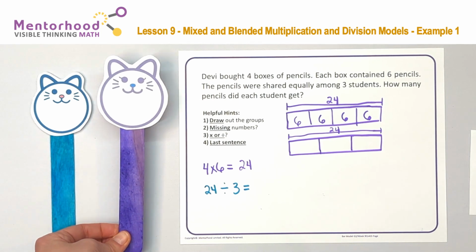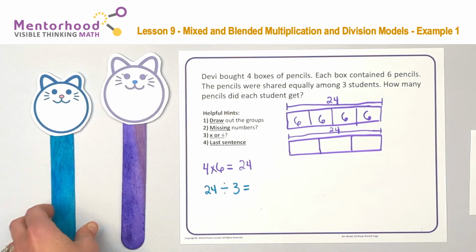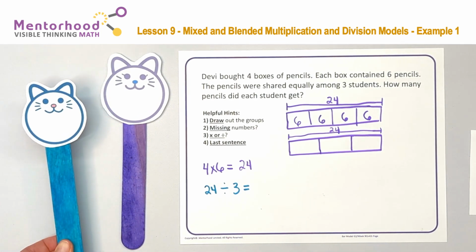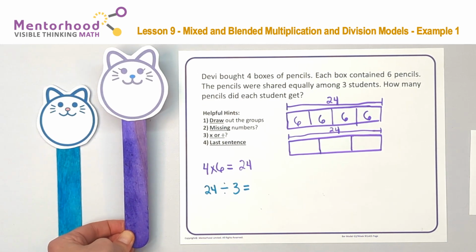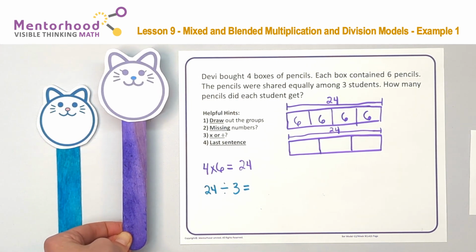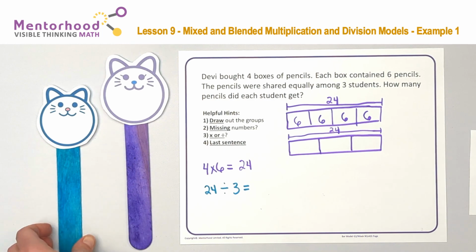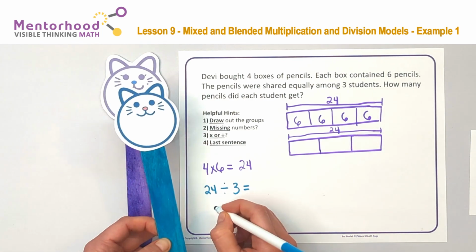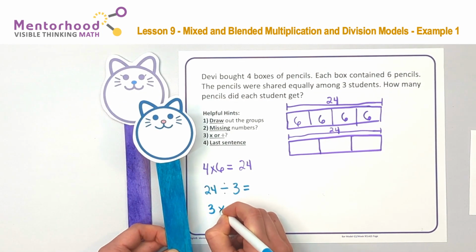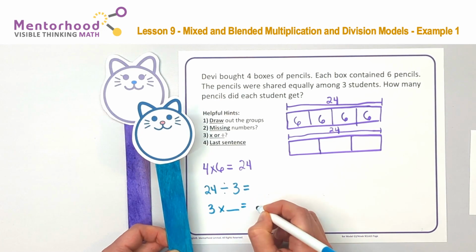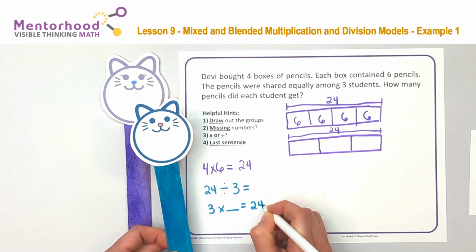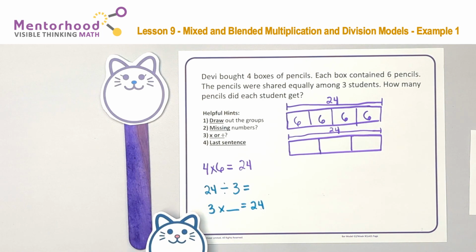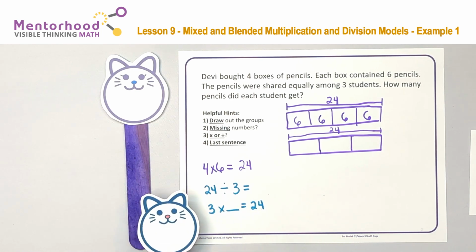Now, Matthew, do you know what 24 divided by 3 is? I'm not sure. Let's rephrase it as a multiplication question and see if we can figure it out that way. Okay. 3 times what equals 24? Okay, so if I count by 3s until I get to 24, that will give me the answer.